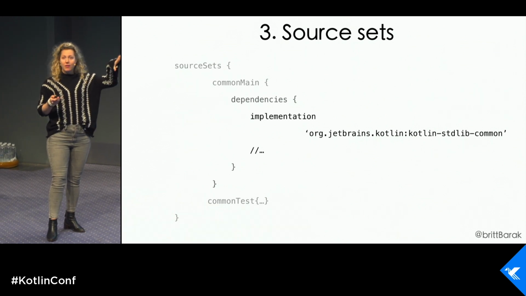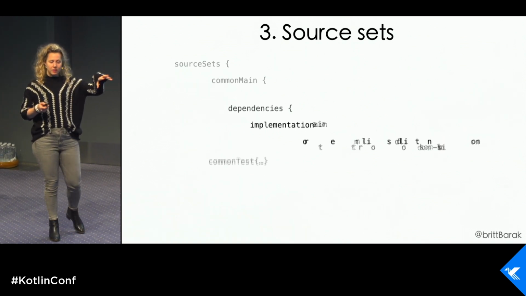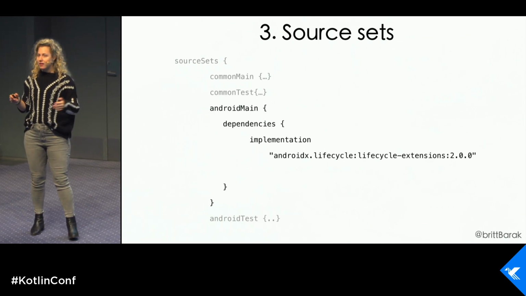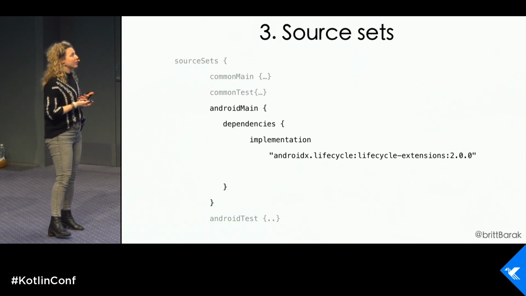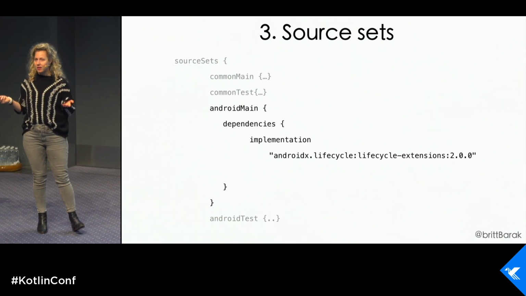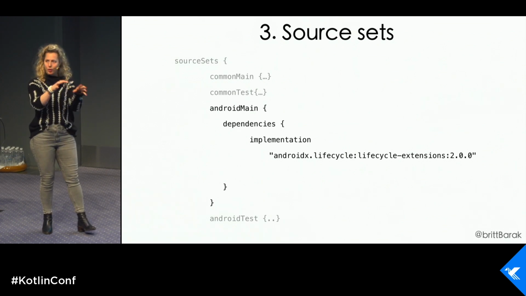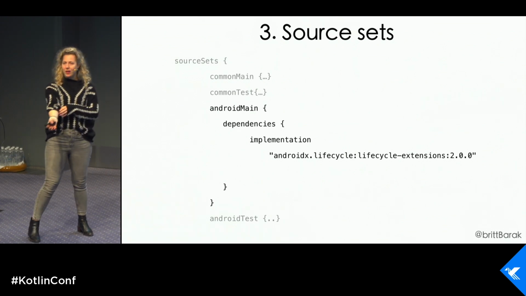But here you can have the things that are platform agnostic, as I mentioned, and then in each target, you can add the source sets that are specific for the platform, and you can add there whatever you want. So it can be a platform or OS specific thing.